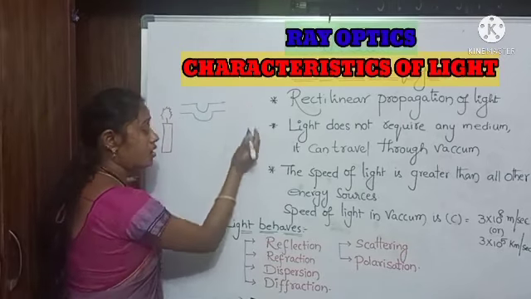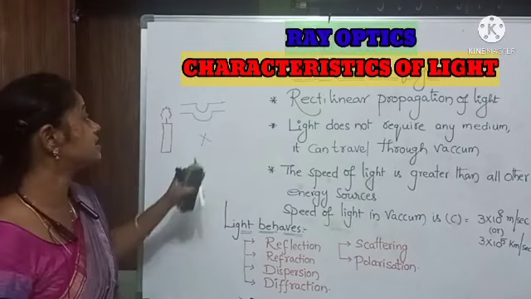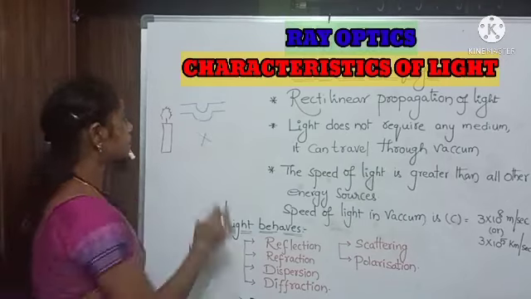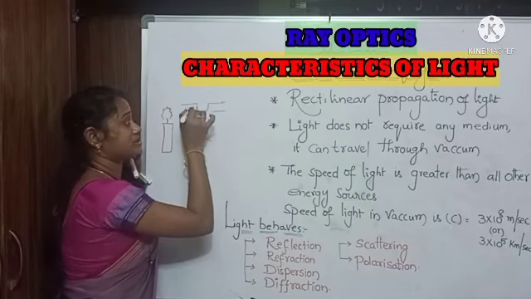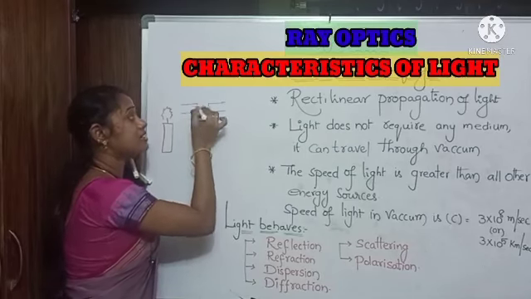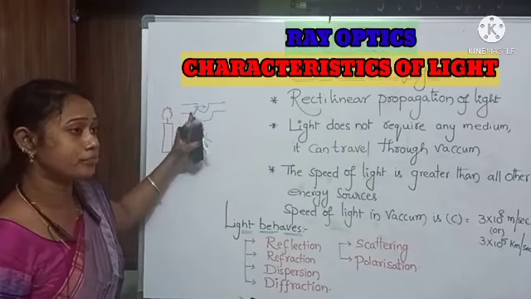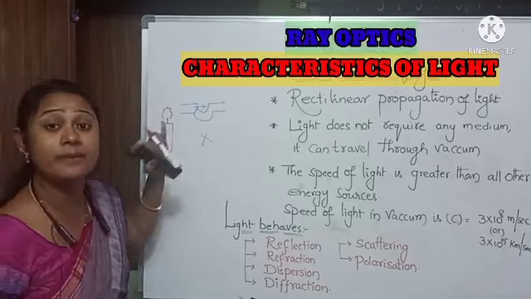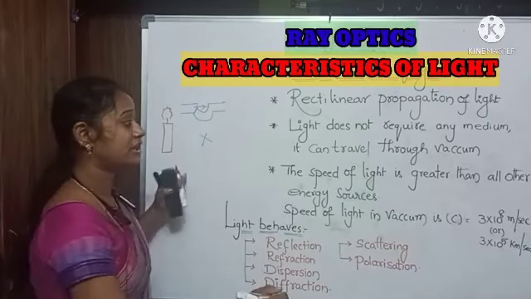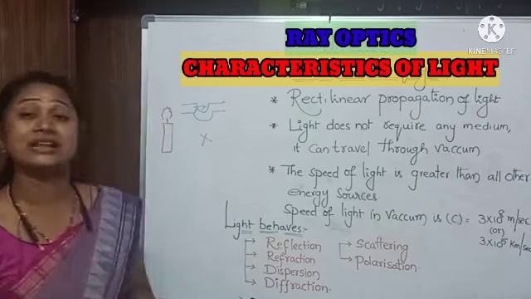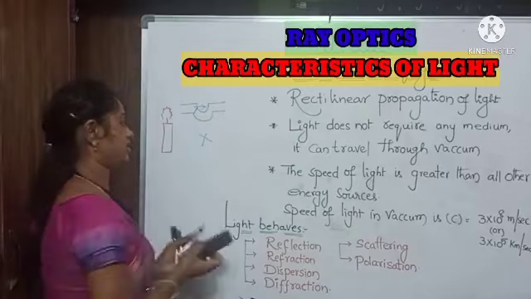Is it visible? No, we can't see the light because the bent pipe blocks the light. It travels only in the straight direction. Understand? What we are proving now is that light always travels in a straight direction.